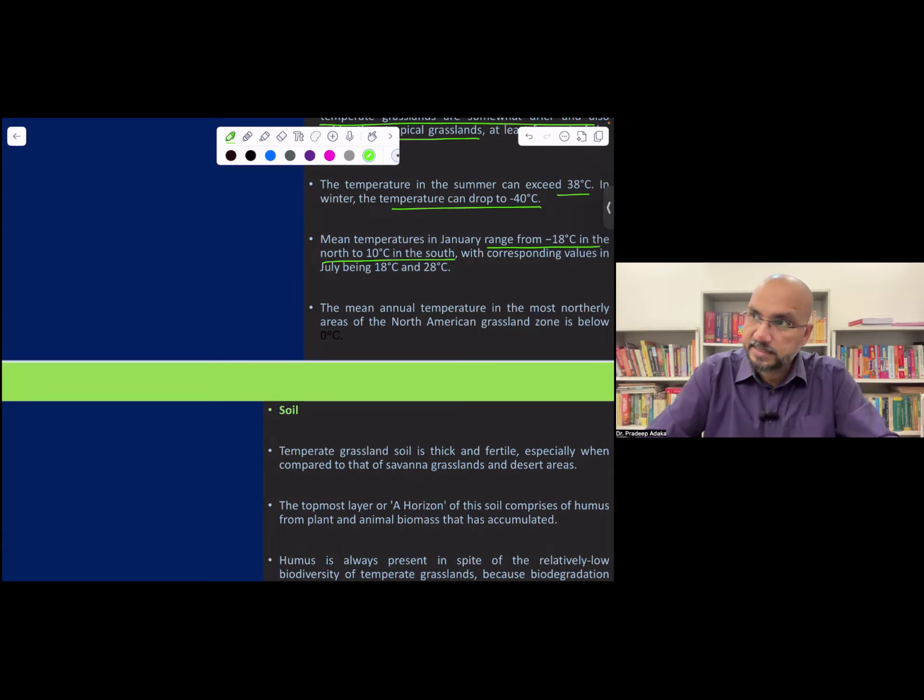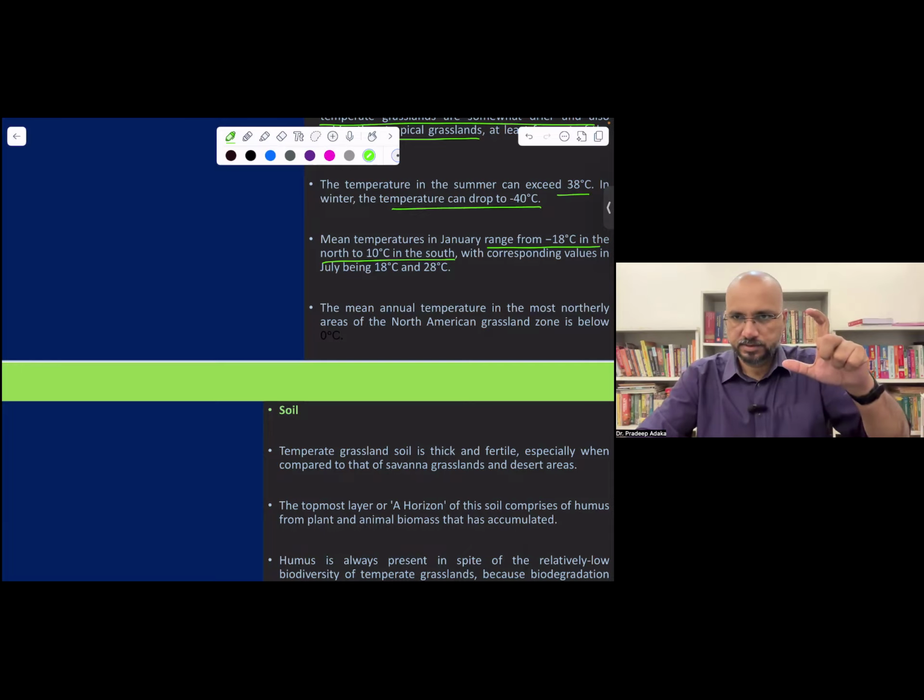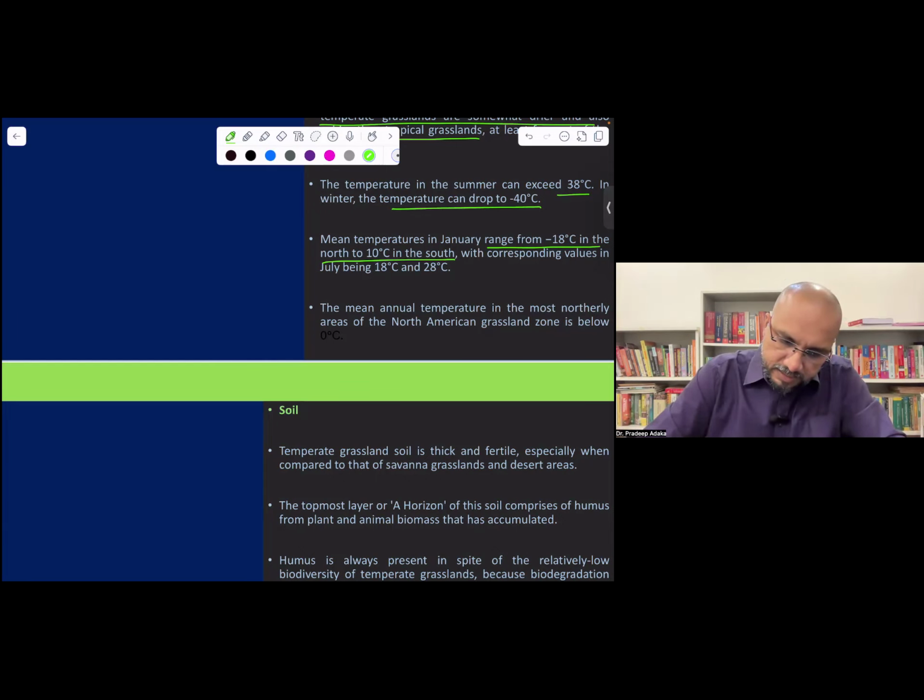When we say 30 to 60 degrees latitude, it stretches to a large extent, from the northern parts to the southern parts of the grasslands. In July, it can be 18 degrees in the northern regions to 28 degrees in the southern regions.